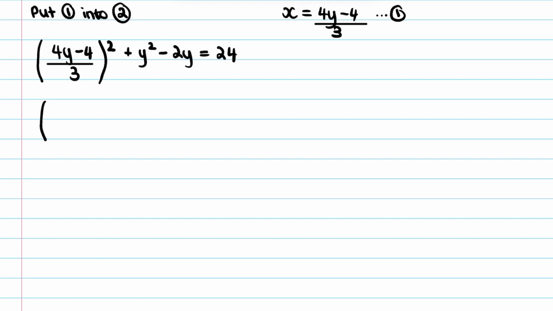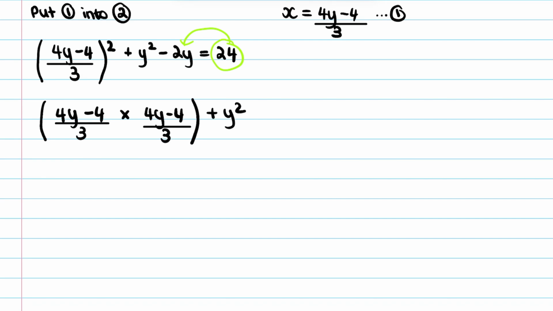Now I'm going to expand this bracket by saying bracket (4y minus 4) over 3 times itself, which is (4y minus 4) over 3. Close my bracket up and then write the rest down. And I'm going to simply move my 24 over the equal sign, which will give me plus y squared minus 2y minus 24 is equal to 0. Do not forget your equal to 0.